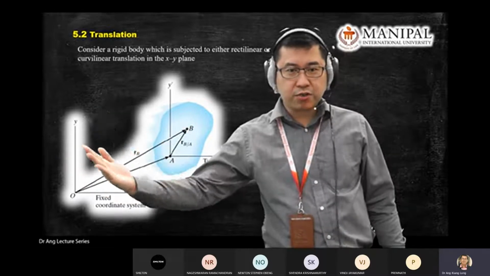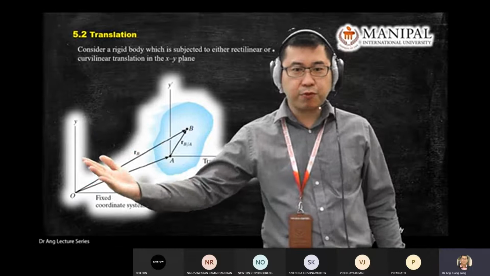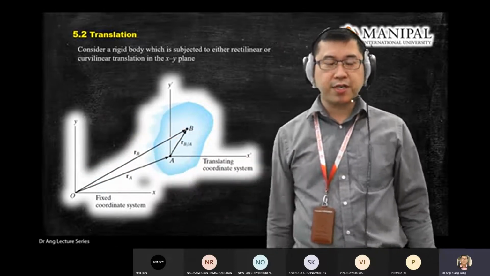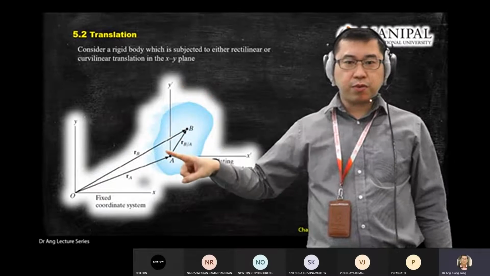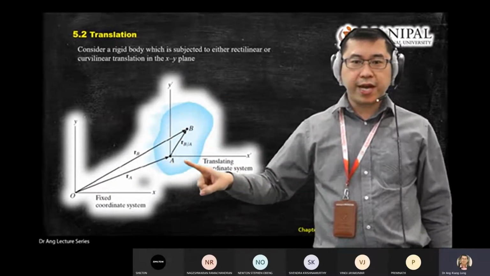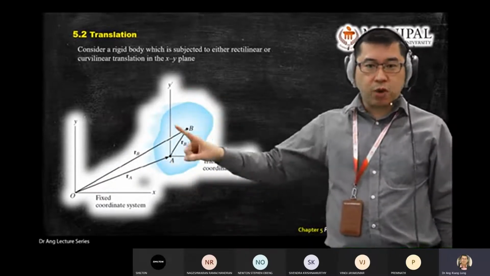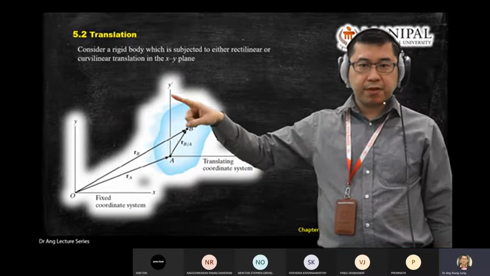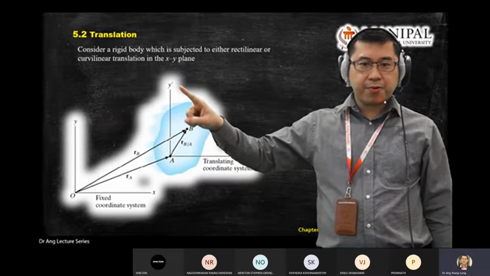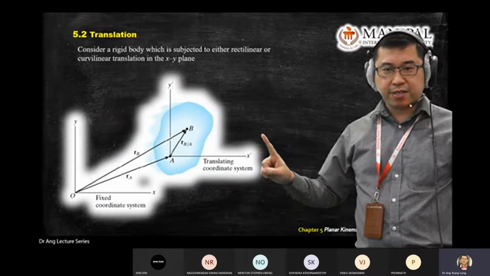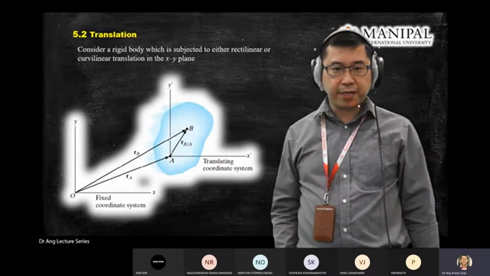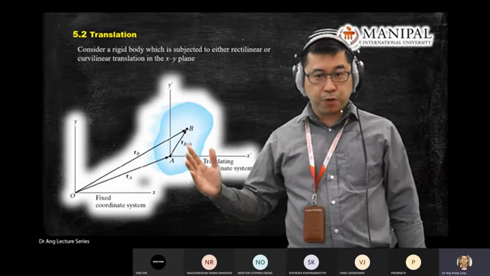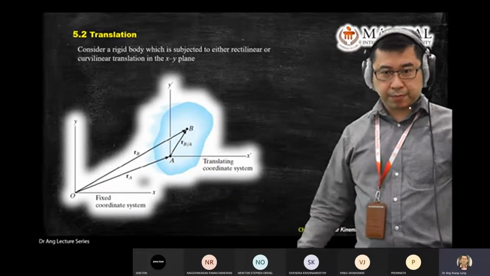When translating, it means it moves to another new position. When the object moves to the new position, you give a new axis with y prime, x prime, or x comma, y comma. It means that this is your new position axis.